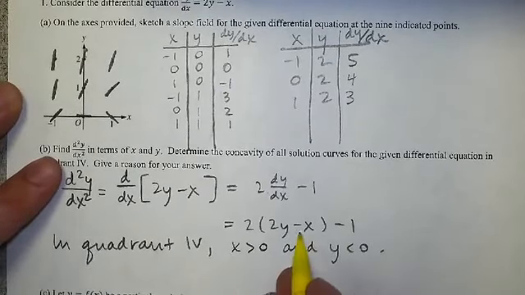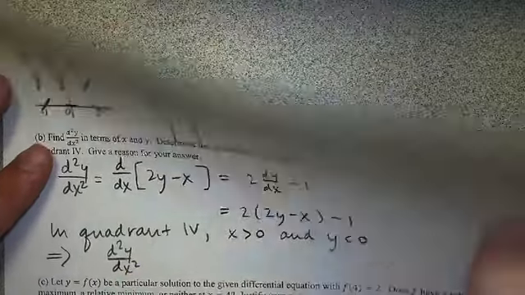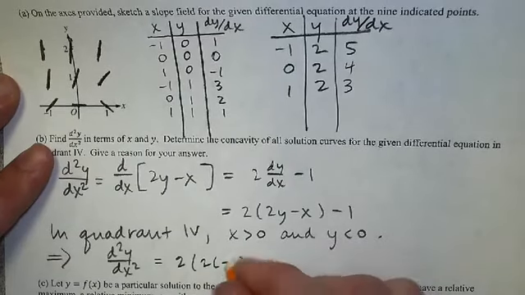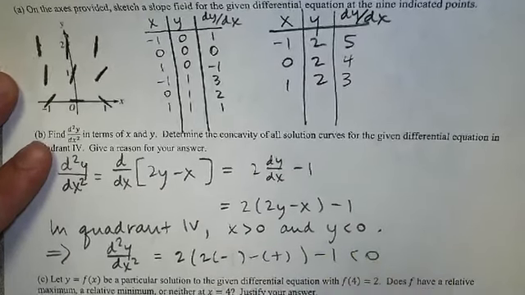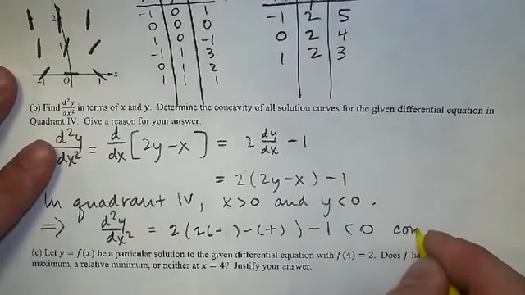That means the second derivative of y with respect to x both times is going to be equal to 2 times a negative number, minus a positive number, minus 1, which is certainly less than 0. That's what I'm trying to show you. And so that would be concave down.